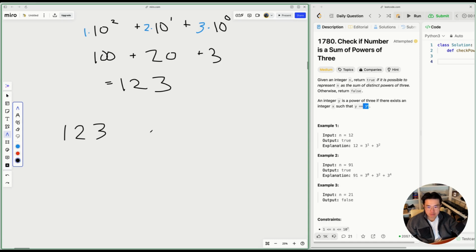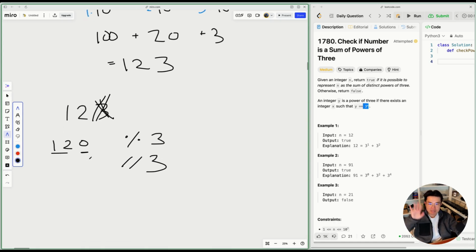A base 3 number wouldn't have a 3 in it. Let's just say it was 1, 2, 0. All we would have to do is mod 3 to get the last digit, and then divide by 3 to get the remaining.